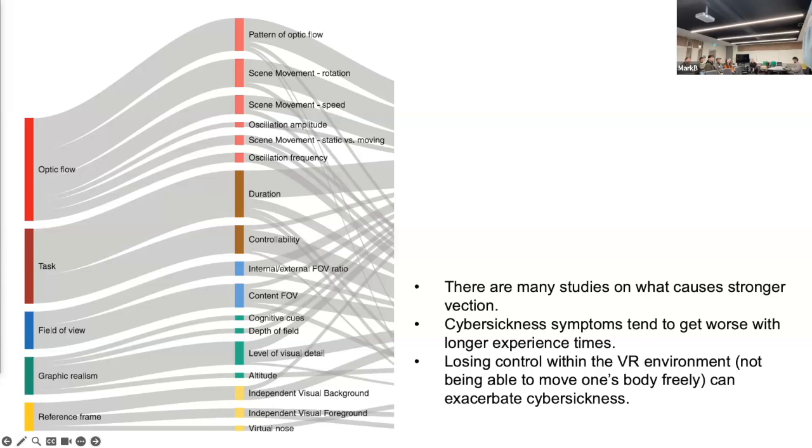Also, I want to mention that if the person loses control within the VR experience, which means they cannot voluntarily move their head or body, then they can feel more sickness compared to when they can move freely in the virtual environment.